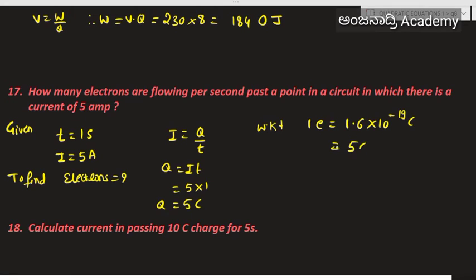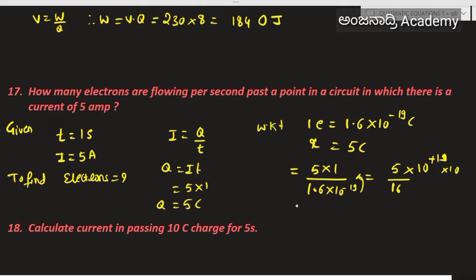For 5 coulomb, how many electrons are there? I am taking it as an X. X is equal to, therefore, 5 into 1 whole divided by 1.6 into 10 to the power minus 19. How will you write this? 5 into, see, when it goes to the numerator it becomes 10 to the power plus 19, and whole divided by 1.6. I am writing it as 16 divided by 10. 10 goes to the numerator.